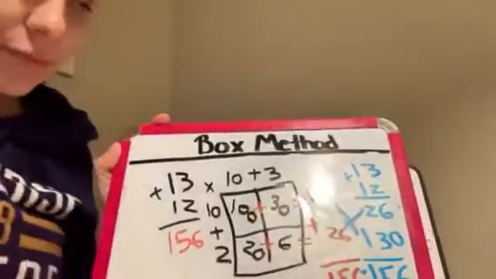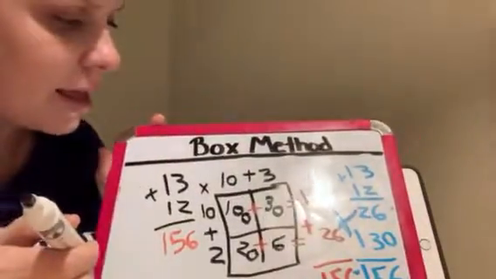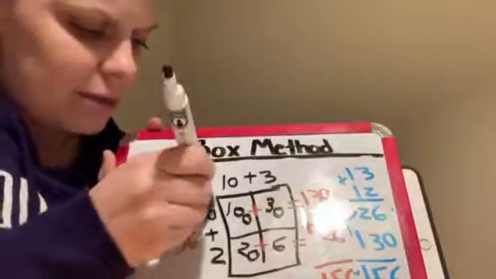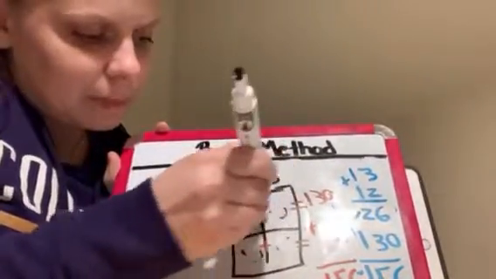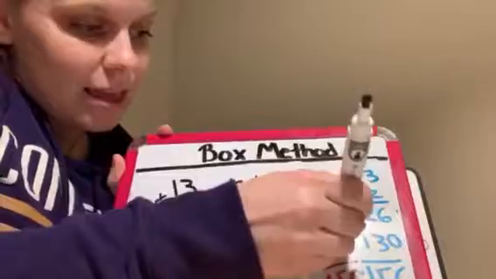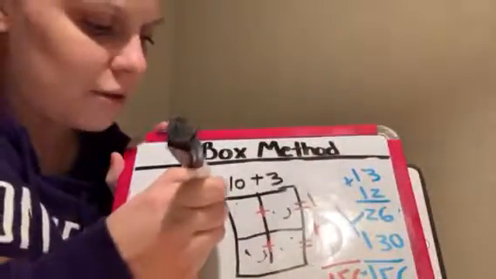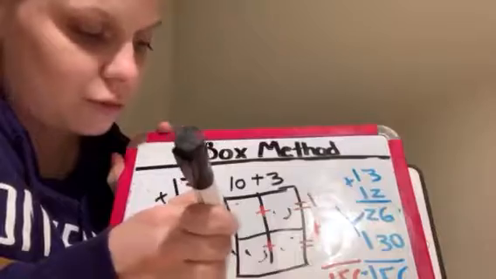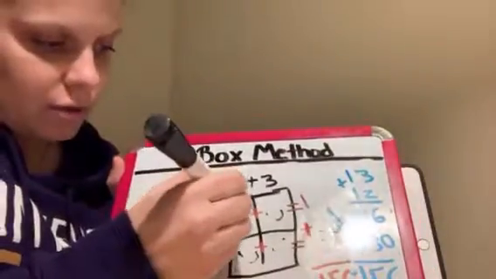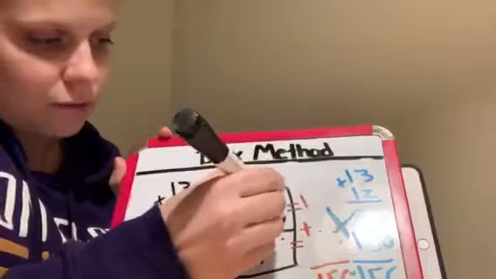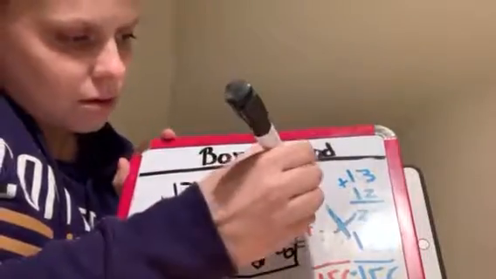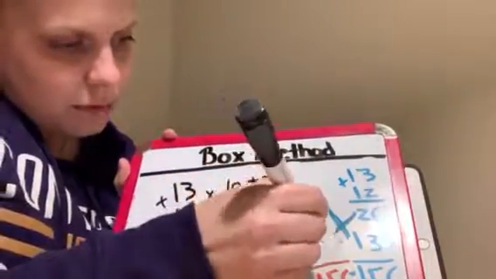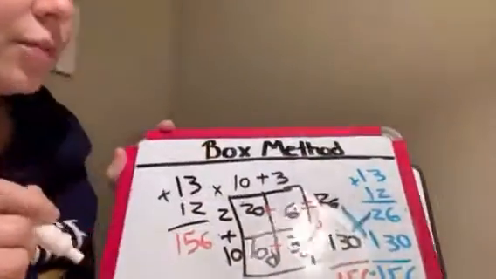So say they're thinking traditional box method, and they do their 10 plus 3 out just like that, but then they get confused and think of the reverse box method, and don't do their big number first. They come over here and do their little number first. So they do 2 plus 10 for the 12. But when you multiply all that out, you still end up with the same answer.